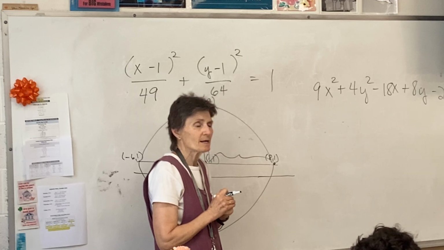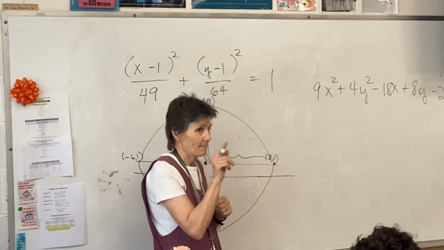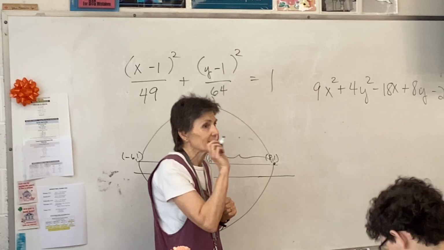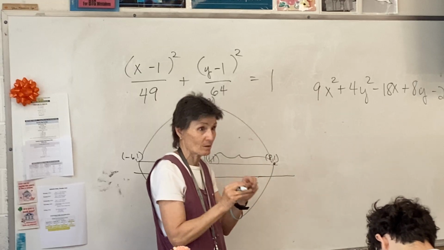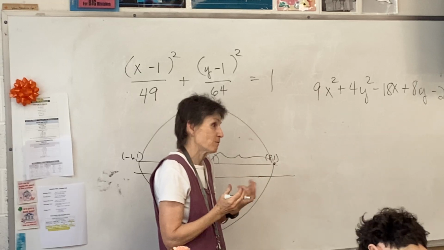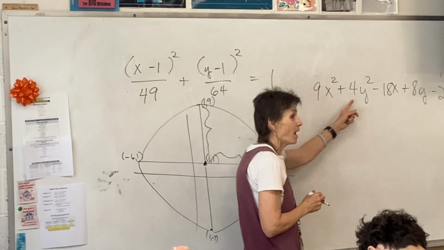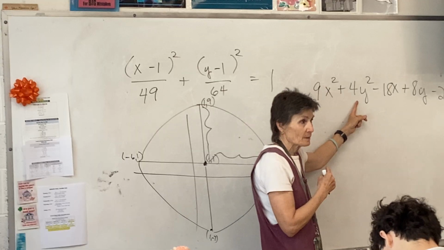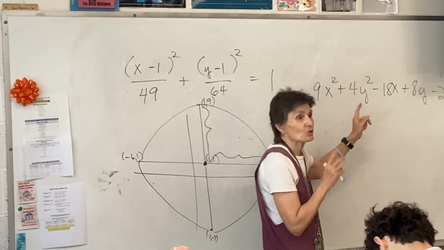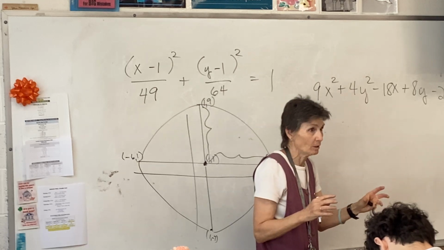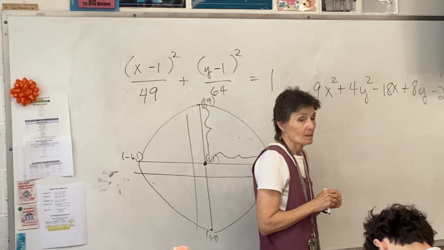How can you tell it's not a circle? The x's and y's have a different factor. Exactly. The coefficients on x squared and y squared are different values. If they were both 9s, we'd have a circle. If they were both 4s, we'd have a circle. Since they don't match, we have a warped circle, or an ellipse.